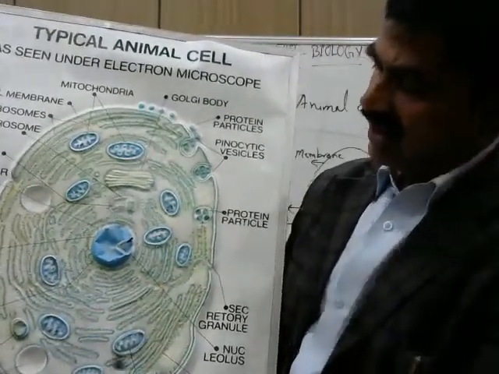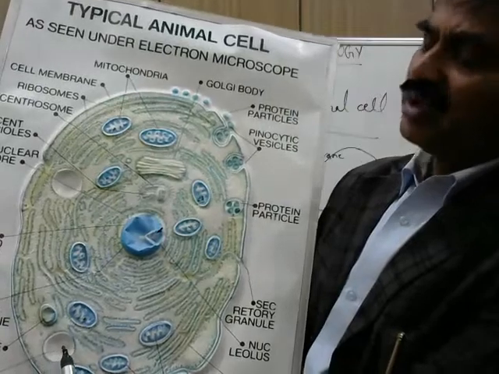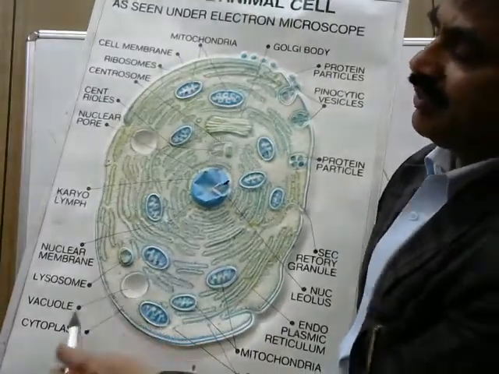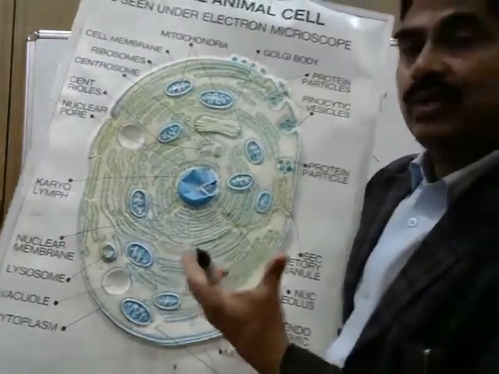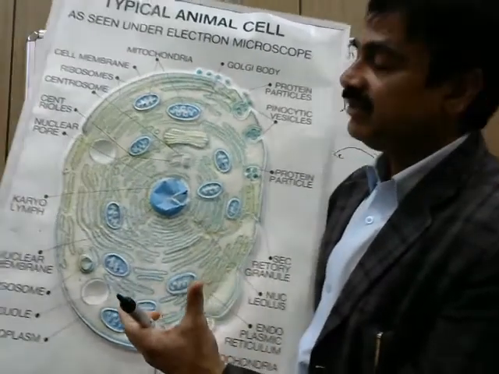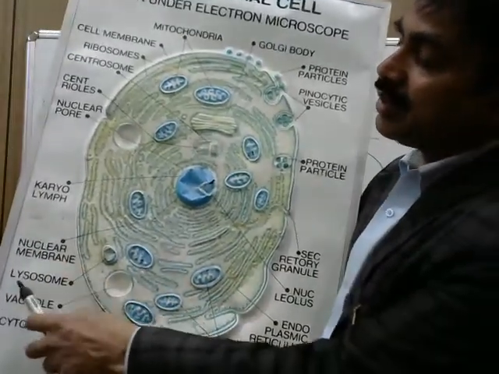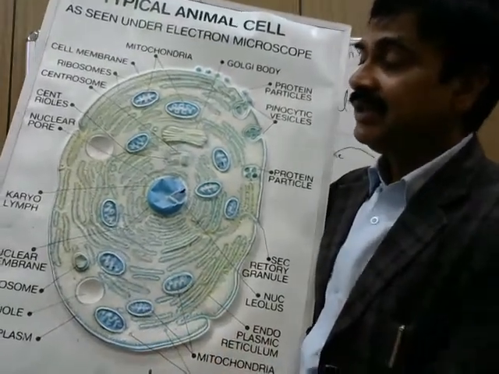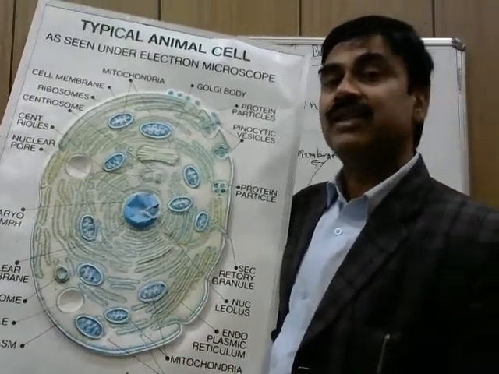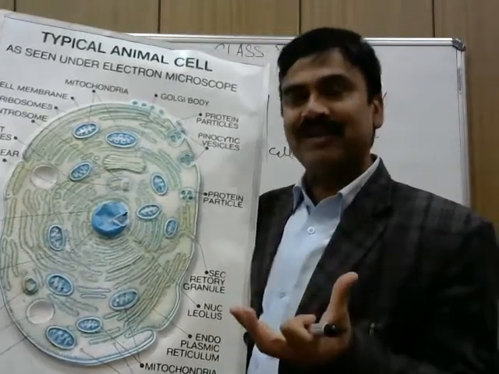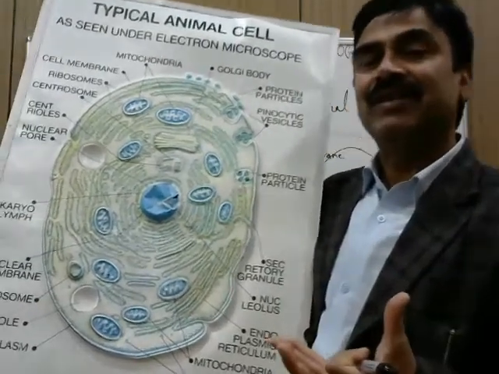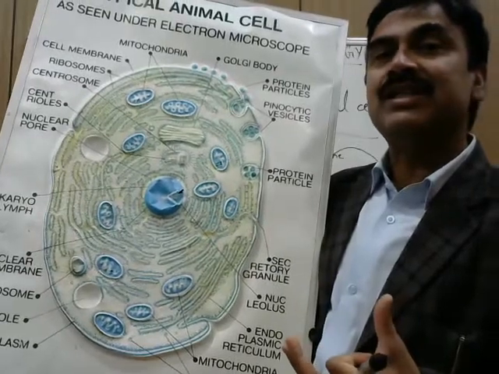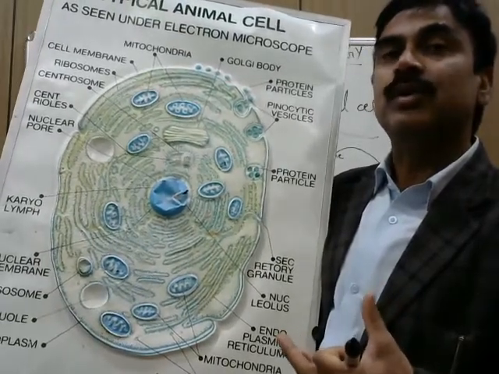Now, moving to the next, the food vacuoles. Look at these food vacuoles, which are responsible for storage of material. Okay, lysosome, the suicidal bag. You will be surprised to know that it contains 50 digestive enzymes, and it ruptures itself and digests itself. That is why it is known as lysosome.